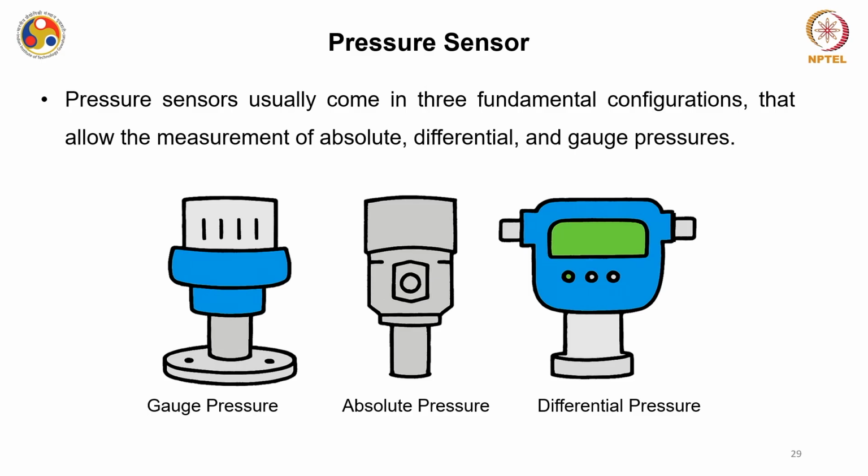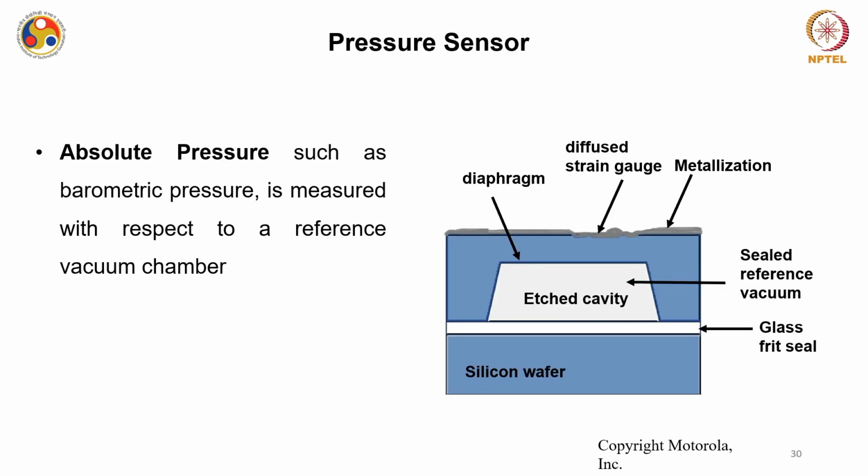So, they usually come in three fundamental configurations that allow the measurement of absolute, differential and gauge pressures depending on what kind of pressure you are dealing with, and this is possible with pneumatic devices as well as with microelectronics. Since we are discussing this pressure sensor in a course on microsensors and nanosensors, basically based on electrical parameters, we will see how in microelectronics this kind of sensors exist.